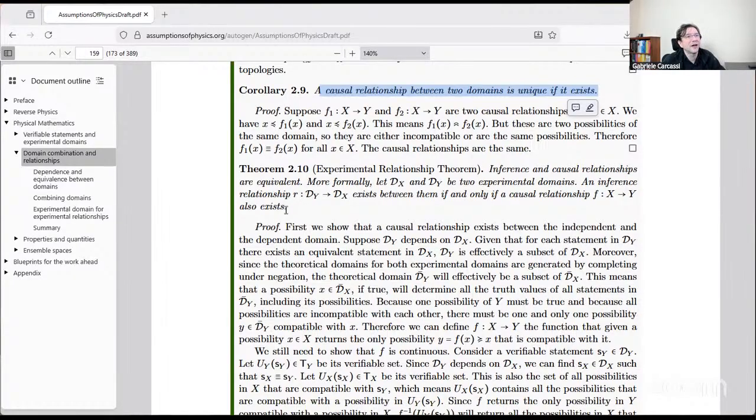So the two things are two sides of the same coin, and that is why you can forget about inference relationships and only talk about causal relationships, also because causal relationships are easier to specify: you're only going from points to points, which are significantly fewer than the open sets.